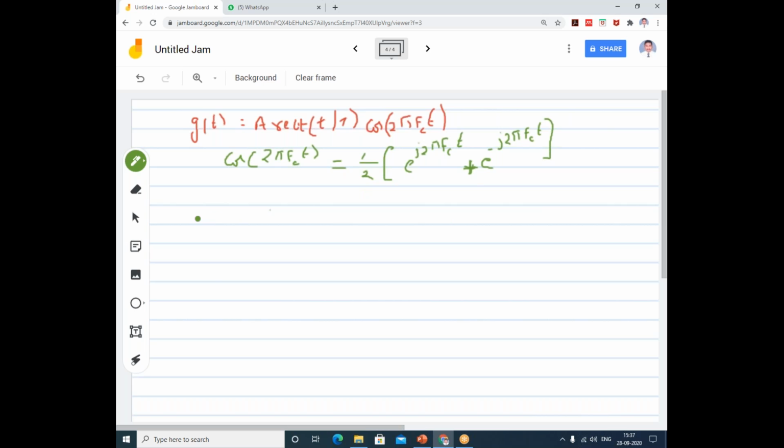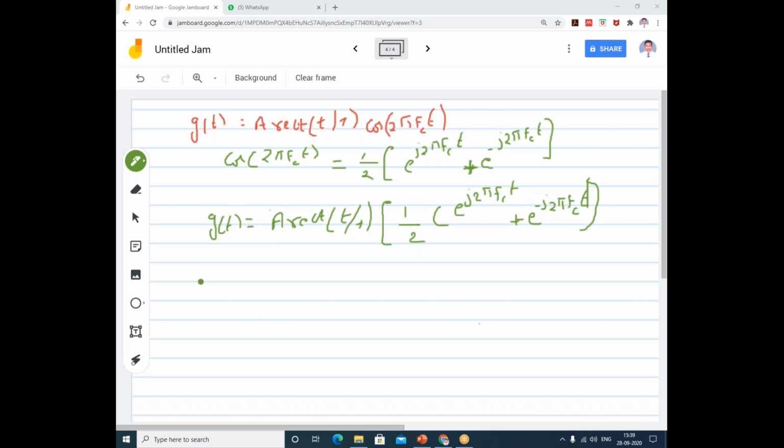So my g of t after substituting the cos 2 pi fct becomes A rect of t by T into 1 by 2 into e power j2 pi fct plus e power minus j2 pi fct. Now observe, it looks like a into b plus c.